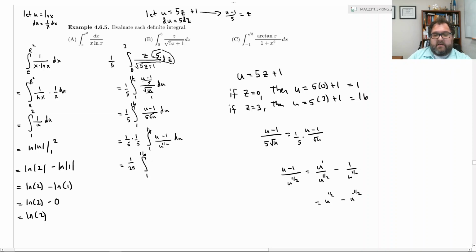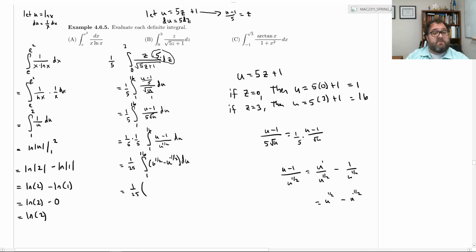Okay, so now I can replace this single quotient with two power functions, u to the 1/2 minus u to the negative 1/2 du. And now I am on my way, because I have two functions that I can easily anti-differentiate using the power rule for anti-differentiation. So what do we do? We first of all open the parenthesis here because we have two terms.